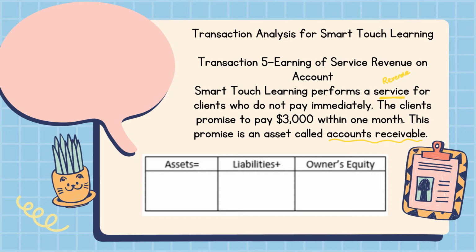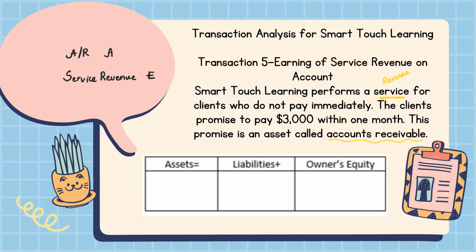I provided the service, so I need to receive my money. If he said I'm not going to receive it on the spot, as he said here, the client will not pay immediately, so I'm not going to receive the money. Okay, I'm not the client, I'm the company. Now the clients promised to pay $3,000 within 1 month, so I'm going to receive my money within 1 month, which is accounts receivable. It's an asset account.